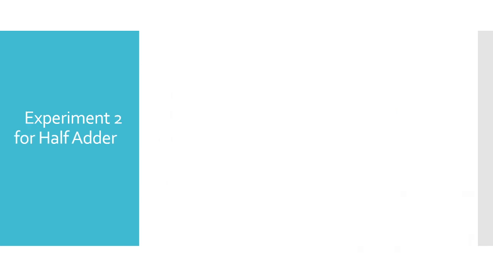Second experiment you can do, if I say that you use the XOR gate and AND gate and design the half adder. So here I am showing you the circuit experiment that will show you the connection of XOR gate and AND gate.